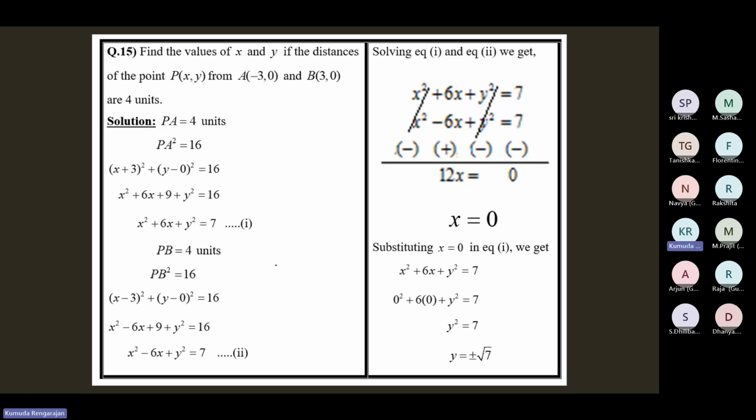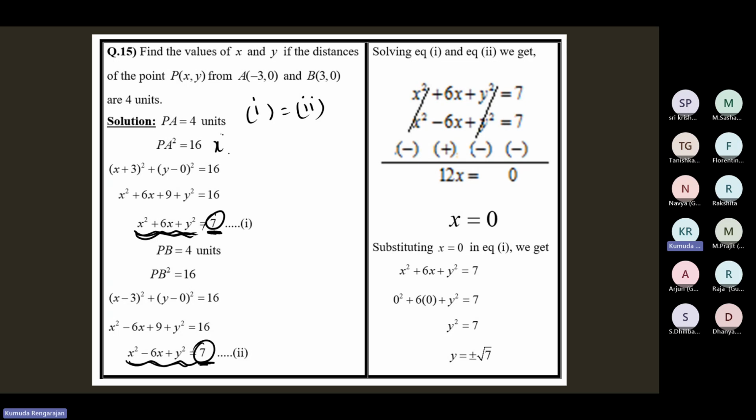See, you can also equate the two equations. This expression is 7, and this one is also 7. So you can even equate 1 and 2. Since the RHS is 7 in both, you can equate the LHS.